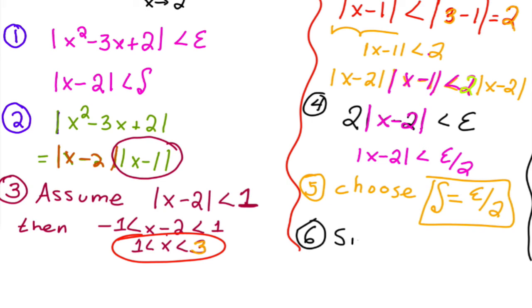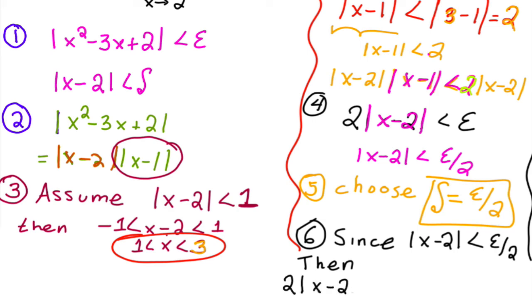So since |x - c|, or |x - 2|, is less than delta, or epsilon over 2, then what that means is 2 times |x - 2| is less than, the 2 is this exact 2, and then |x - 2| is less than epsilon over 2, and so this is equal to epsilon. And that's it. You've proved it.